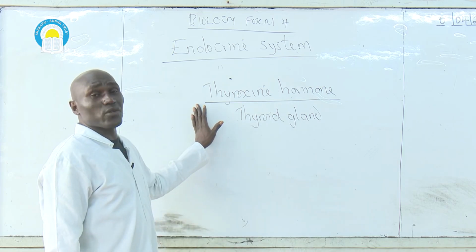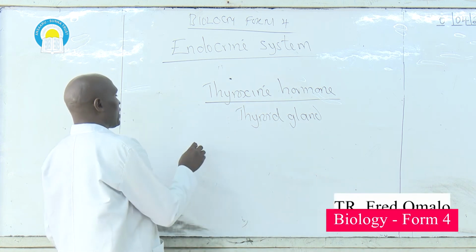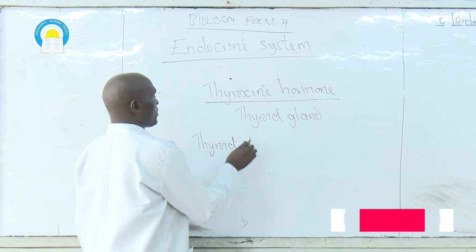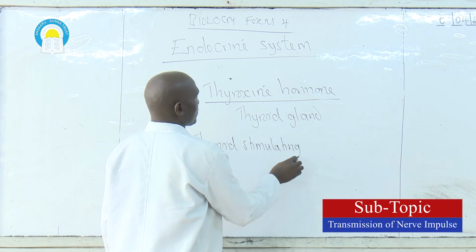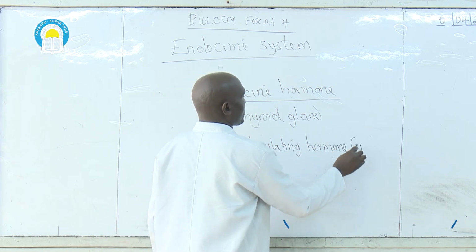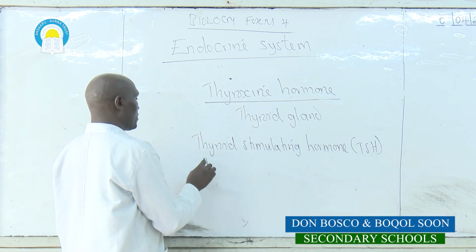Thyroxine hormone is usually secreted under the influence of thyroid stimulating hormone, in bracket TSH, from the pituitary gland.